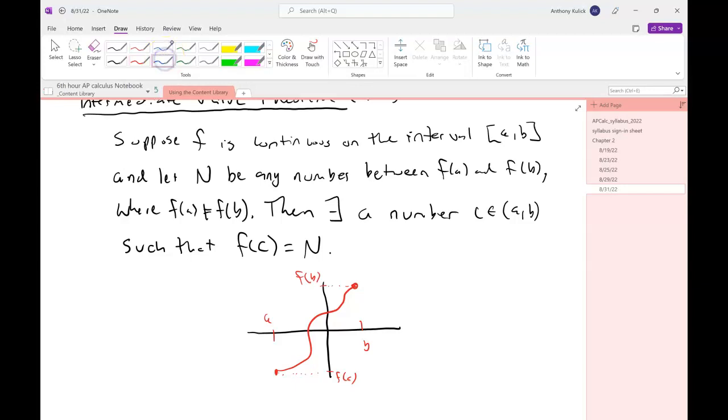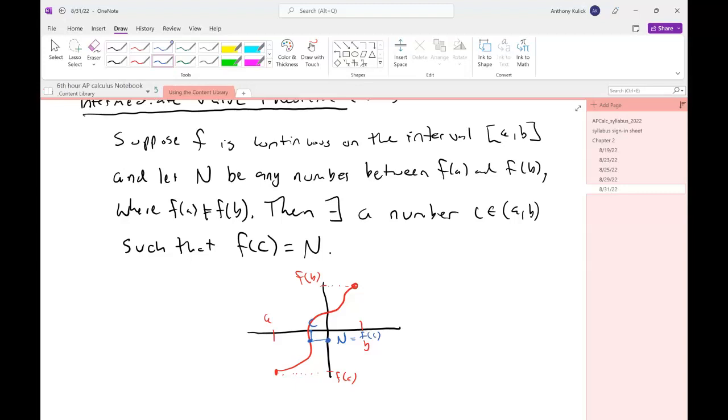If I pick any value in between f of a and f of b, say that's my n, what the intermediate value theorem says is that you can go and find some value c such that n is f of c, which of course it is, right?